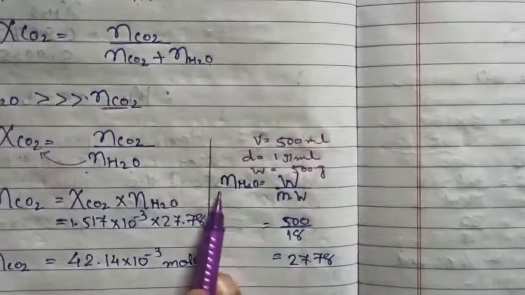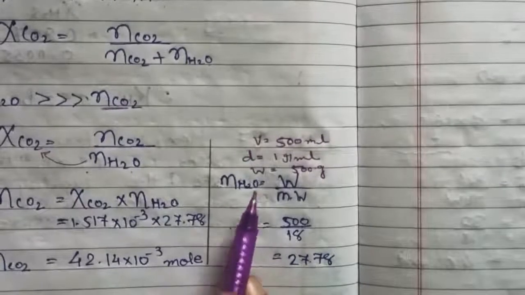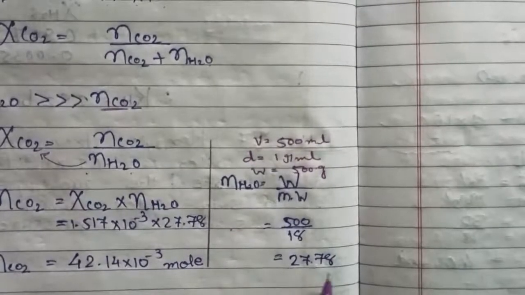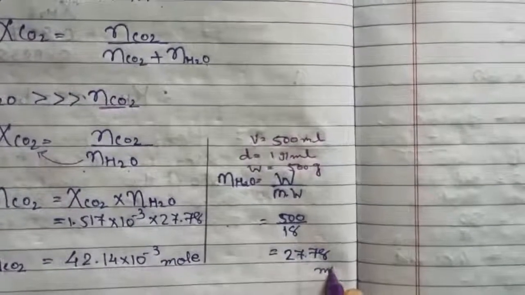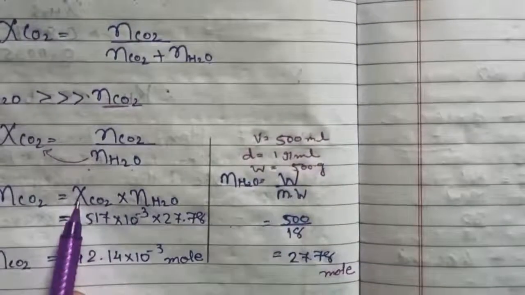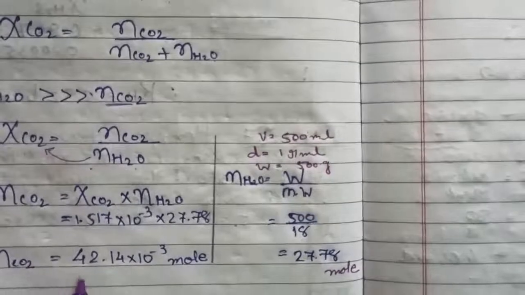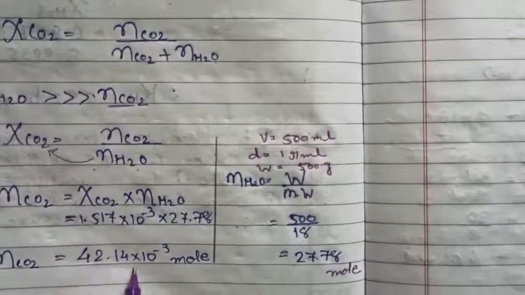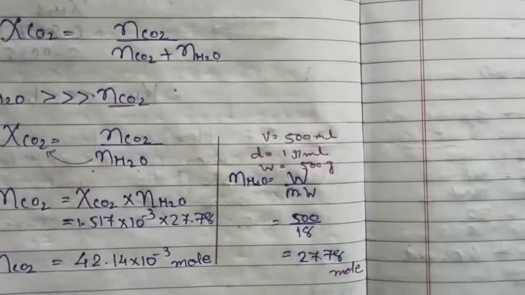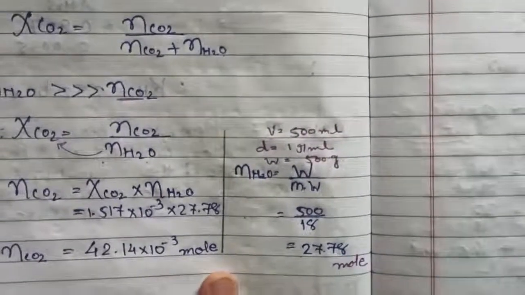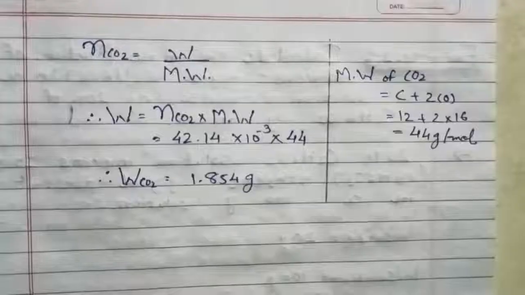So we will get the moles of H2O as 27.78 mole. Now replace the values of mole fraction of CO2 and moles of H2O, so you will get moles of CO2 equal to 42.14 into 10 to the power minus 3 mole.